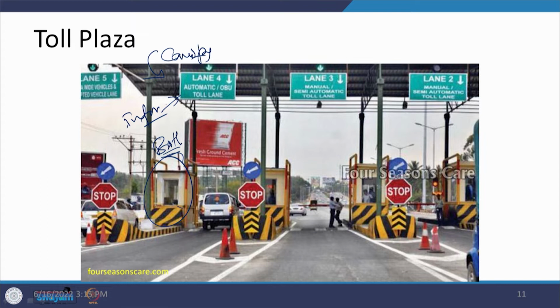Then there are systems being designed in terms of islands, delineators, signs, and protections to the booth, so that any out of control vehicle should not hit the booth and create any fatality to the person who is walking there. There is a boom barrier. So, the vehicle has to stop by this point, and once the toll is collected, only then does the barrier go up and the vehicle can move forward. So, all of these things are part of a toll plaza.